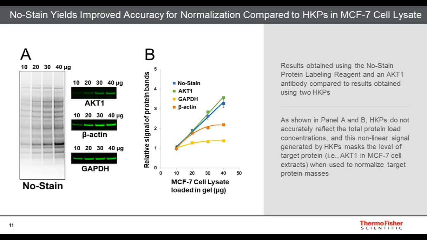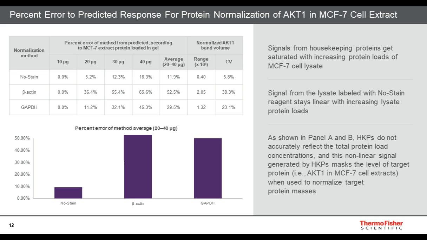There is no difference between 20 and 40 microgram load, which is obviously a problem, and that's why results from these housekeeping proteins are not accurate, while No-Stain gives much more accurate quantitation with the AKT1 target protein here.